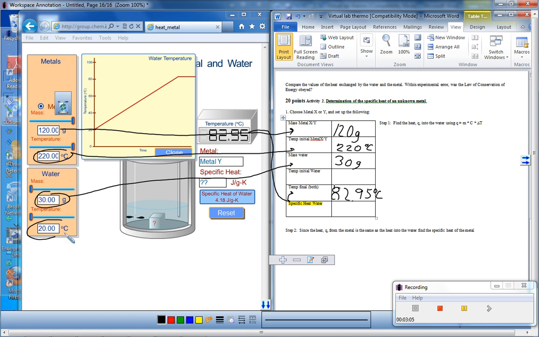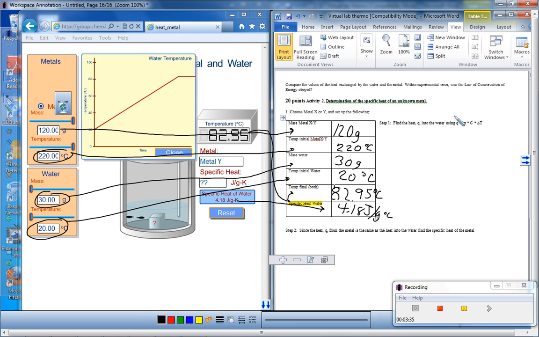And the temperature of the water, 20 degrees C, is going to go right there. Now if we're going too fast, just pause it. You'll be good. Then, oh yeah, the specific heat of the water, that comes from right here. That's the same as it was last time, 4.18 joules per gram degree C.